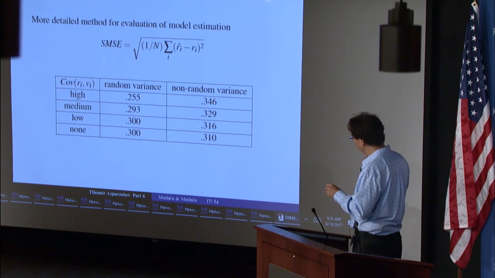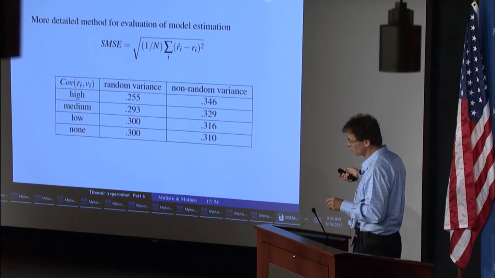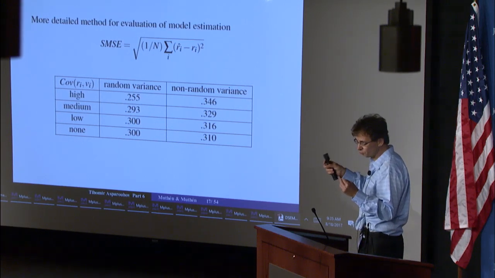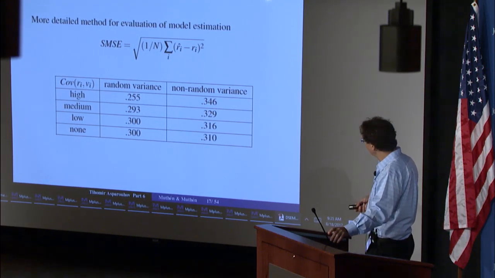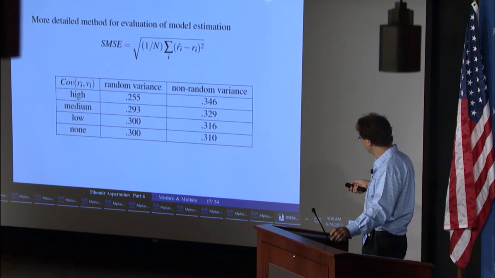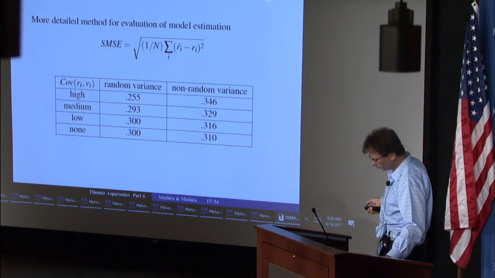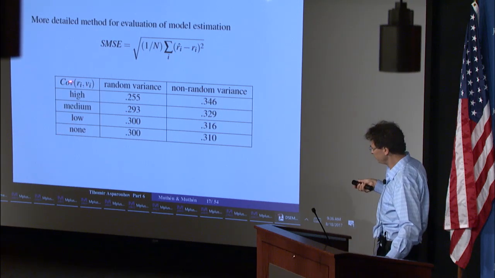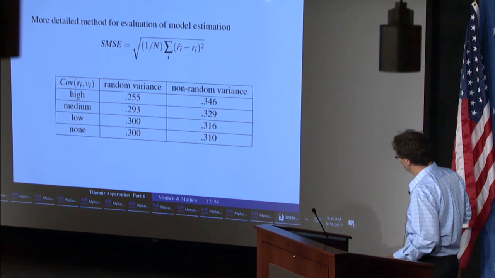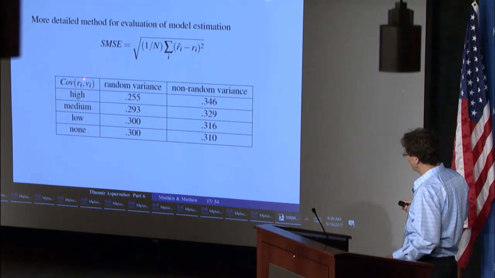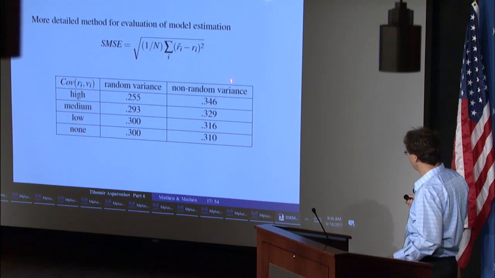If you look at the mean squared error, that shows the true error that you get when you ignore the subject-specific variance. Anyway, again, when the covariance between the autoregressive parameter and the subject-specific variance parameter decreases, the difference in the mean squared error also disappears.